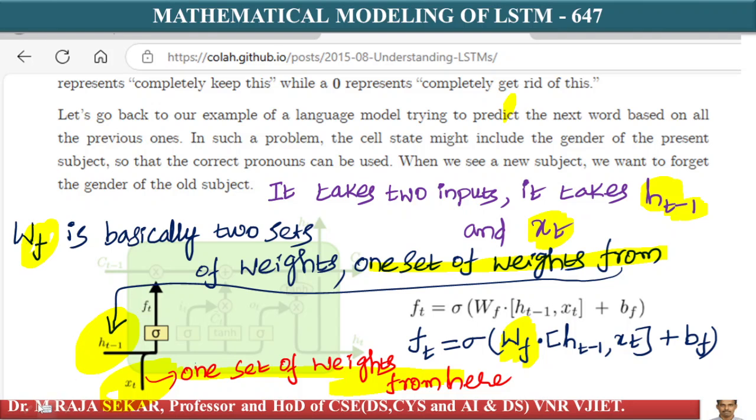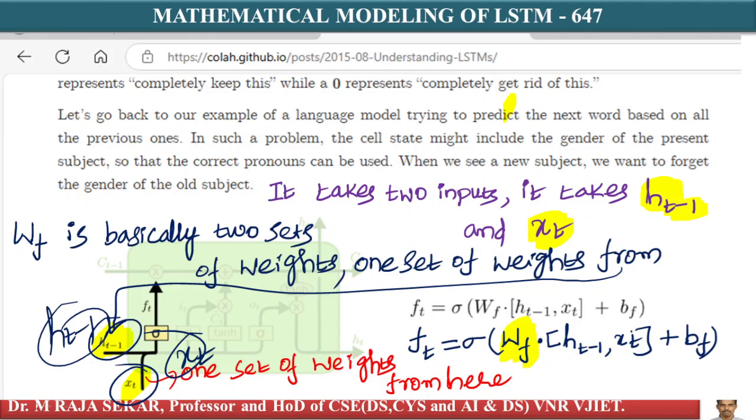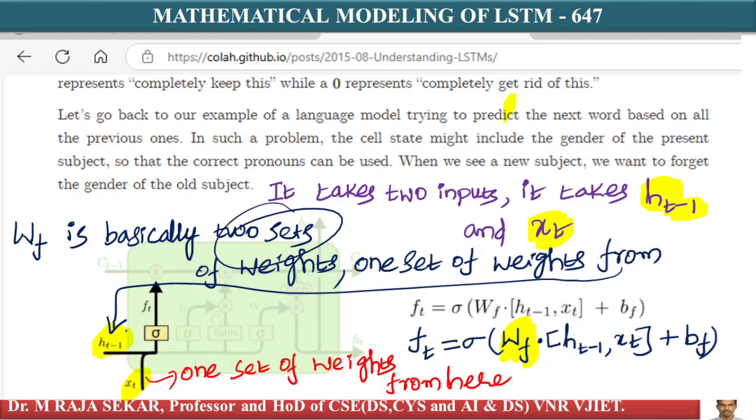Similarly, not only the weights at xt and ht minus 1, you can also concatenate xt and ht minus 1. This is my xt, this is my ht minus 1. What is my Wf? Wf is basically two sets of weights: weights at ht minus 1 and weights at xt. That is Wf, isn't it?